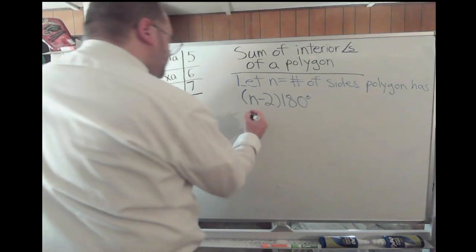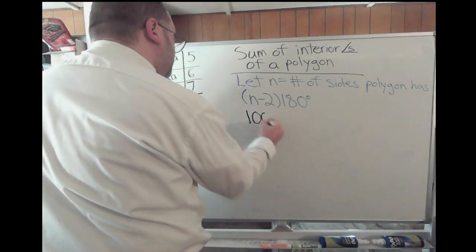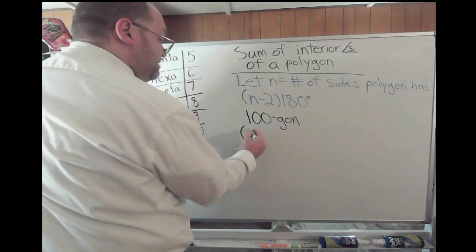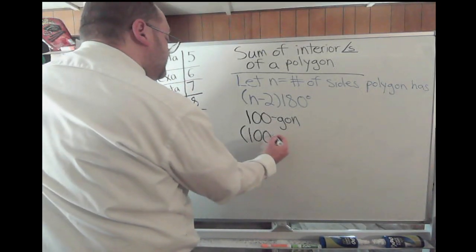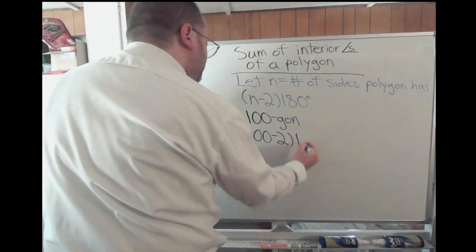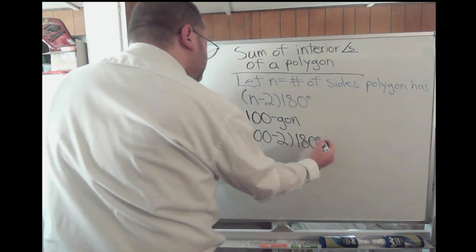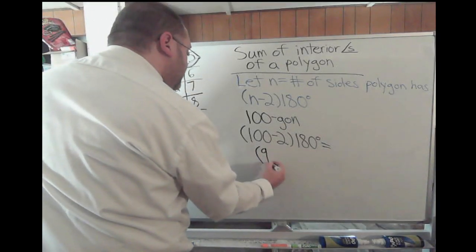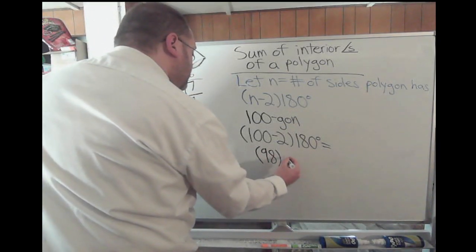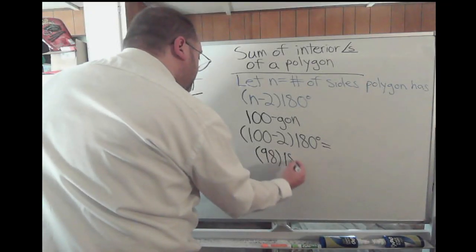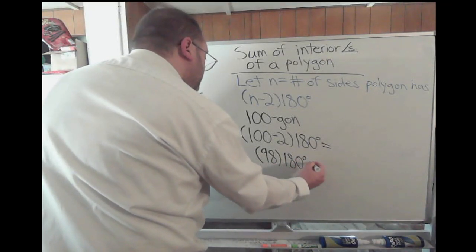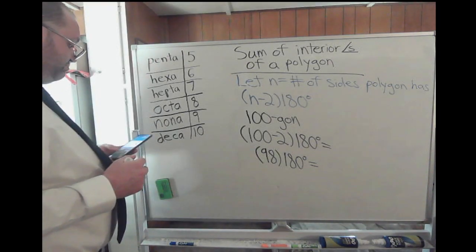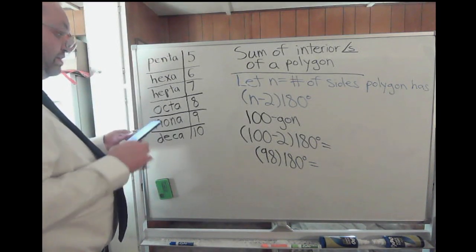So let's do one more for good measure. What about a 100-gon? So again, take your number of sides being 100, minus 2, take that quantity times 180 degrees. Well, 100 minus 2, last time I checked, that was 98. You take that times 180 degrees. And I'm sure it's going to be a god-awful number. It'll probably not be a pretty number.